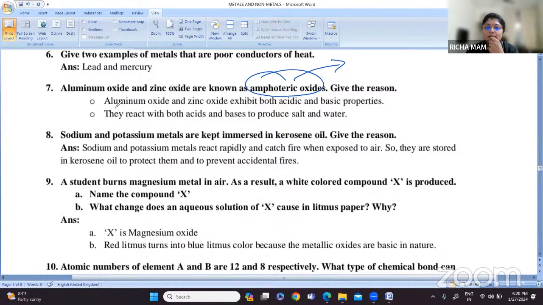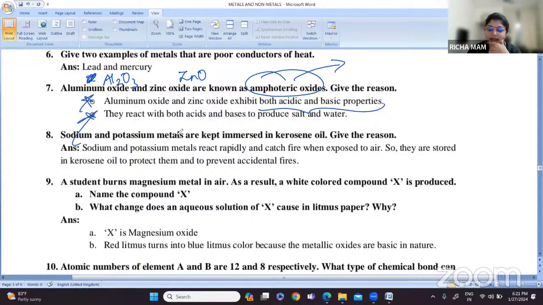Aluminium oxide is Al2O3 and zinc oxide is ZnO. They exhibit both properties. They can act as acid and also as base. That is, they can exhibit acidic properties and basic properties.